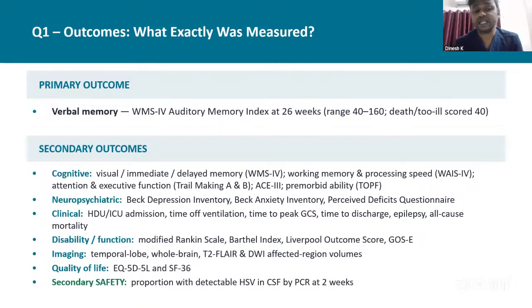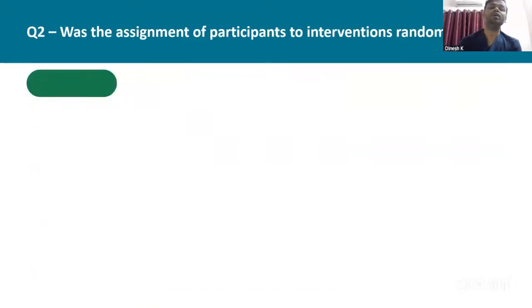Clinically, they looked at the need for HDU and ICU admission, time on the ventilator, time to peak GCS, disability functions, imaging, involvement of the temporal lobe, regional volume, quality of life, and also the safety outcome in terms of a detectable CSF PCR at 2 weeks. The second question was: was the assignment of the participants to the intervention randomized?